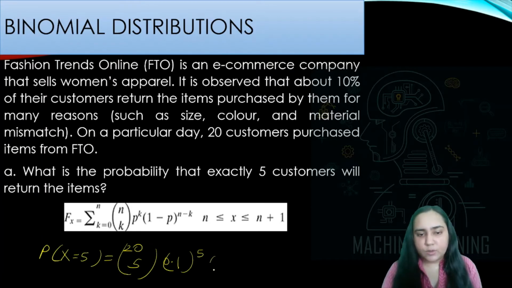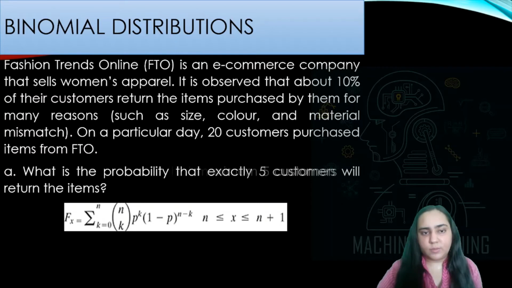So we have 0.9, which is the remaining probability, raised to n minus k, which is 20 minus 5, which will be, of course, 15. If you evaluate this, remembering the formula for 20C5, and evaluate the whole equation, you will get the value 0.03192. You can verify this for yourself. So this is how you can answer this type of question.